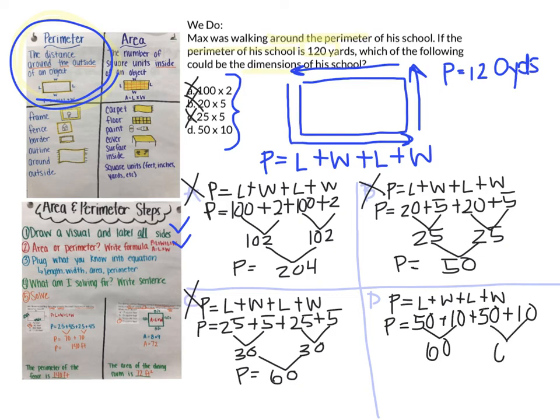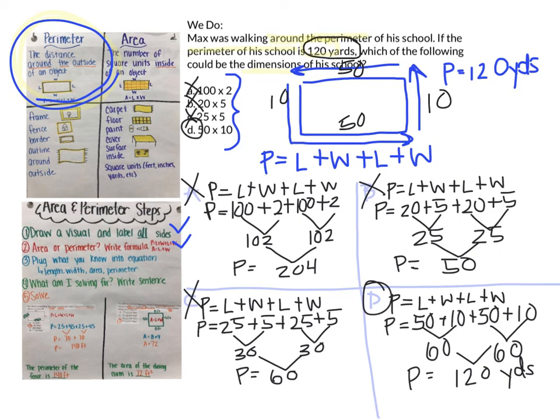And 60 plus 60 is 120. So we solve for perimeter 120 yards. Our answer choice is D. With the dimensions of 50 by 10. We found a perimeter of 120 yards.